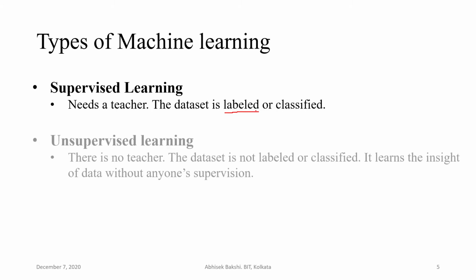Next we come to unsupervised learning. If we continue with the same example, sometimes we don't have any idea, maybe when we were children, about the exact difference with respect to their names.